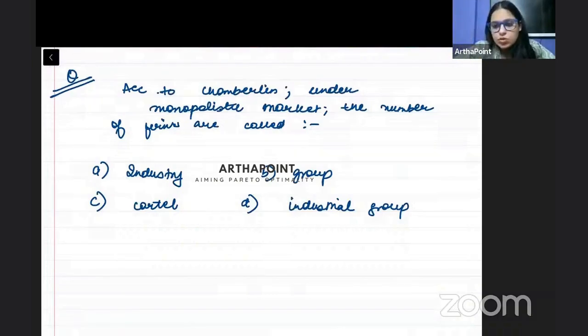What is the word used by Chamberlain? Okay, so this is very basic question. The word used by Chamberlain in his theory is actually called as group, right? So this will be actually called as group. Am I clear with it?